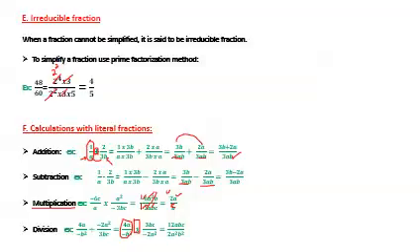In the division, it's keep, switch, and flip. What do I mean? We keep the first fraction as it is, we switch the division into multiplication, and we flip the second. What's the meaning of flip the second? We find its reciprocal, so it's upside down, and then we do the same steps as the multiplication.